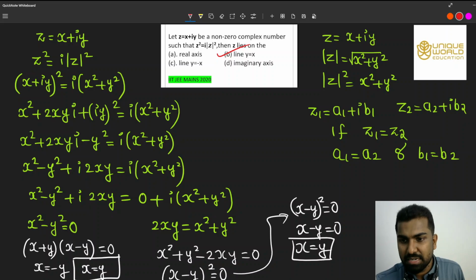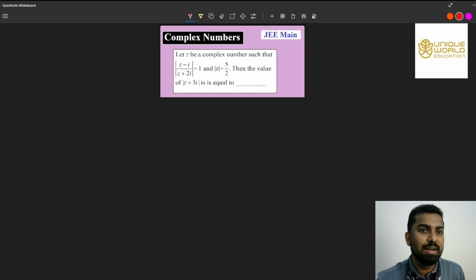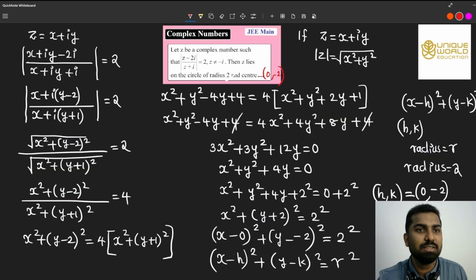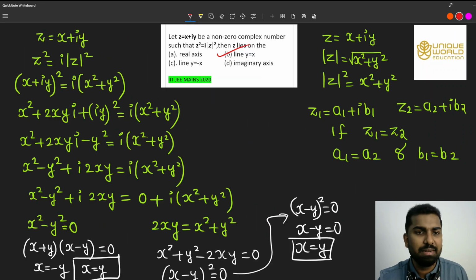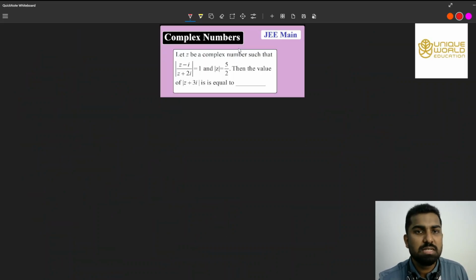We discussed a few important questions, and one more question of the same pattern I am giving to you. This question is exactly a copy of what we discussed in the second and third questions, and this is the fourth question that you have to do by yourself with all your effort, same concept, same idea. Z is a complex number such that the same magnitude condition is given, and the magnitude of Z is also given, it's 5 by 2.